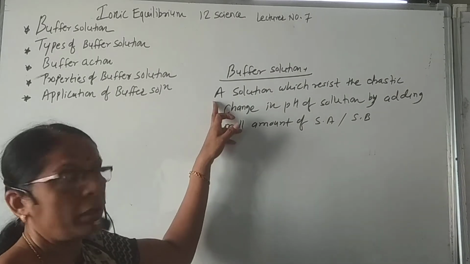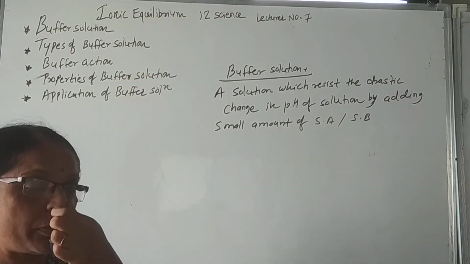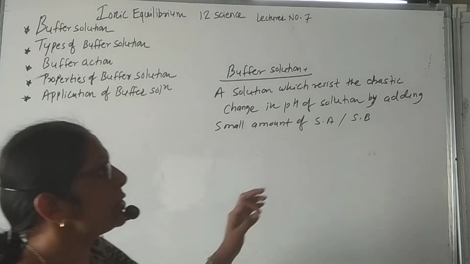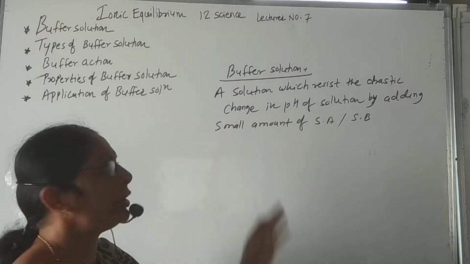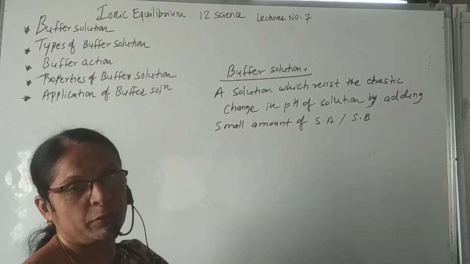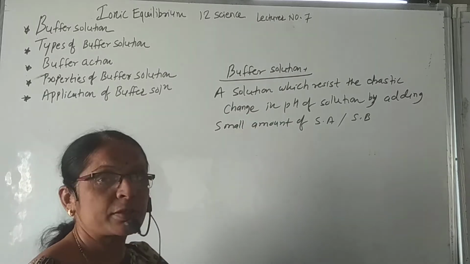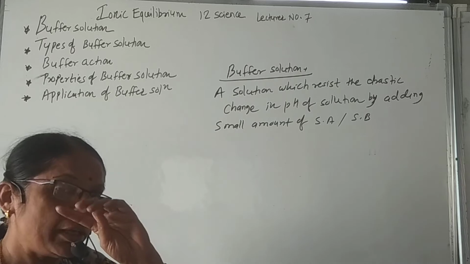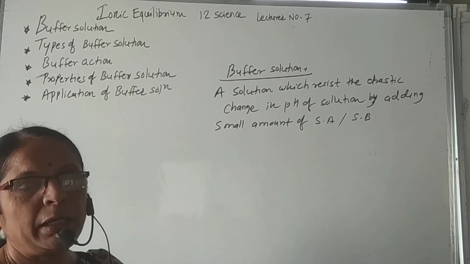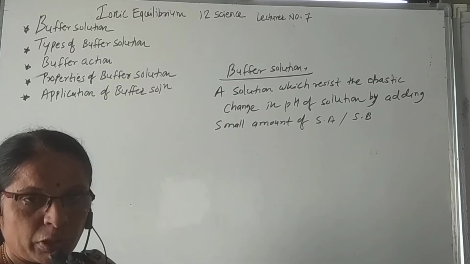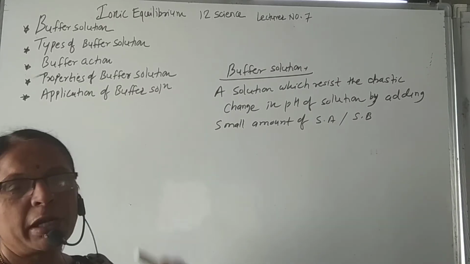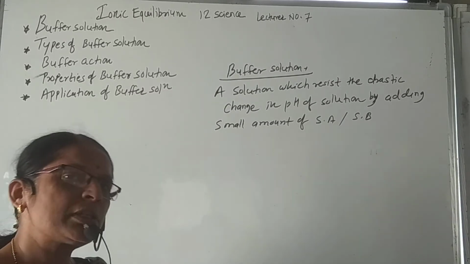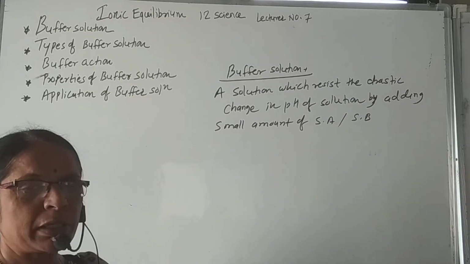A solution which resists, a solution which is not allowed to change, which resists a drastic change, a large change in pH of the solution when we add a strong acid or base. Because of the addition of the strong acid, H plus ion increases. Because of the addition of the strong base, as a strong base is completely dissociated, OH minus ion increases.